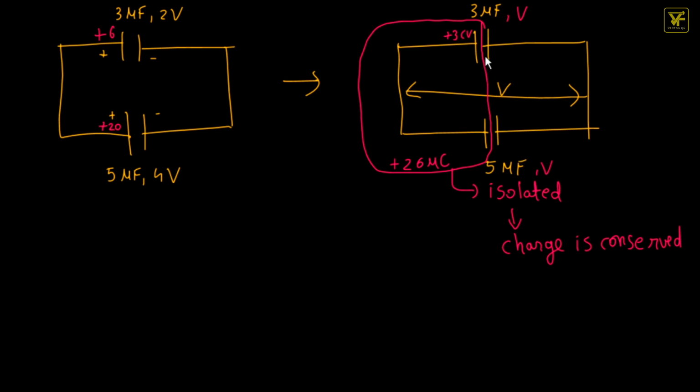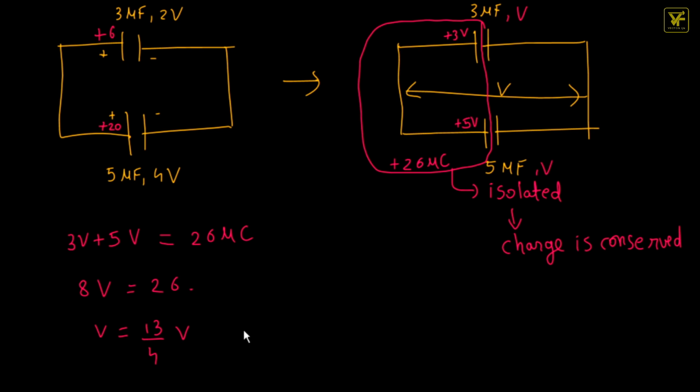We have the value of C, so I'll just write plus 3 into V plus 5 into V. So all in all, 3V plus 5V is the total charge on the left hand side, and that is also still equal to 26 microcoulombs. So that means 8V is equal to 26, microcoulombs. So V is equal to 26 by 8, which is 13 by 4 volts.